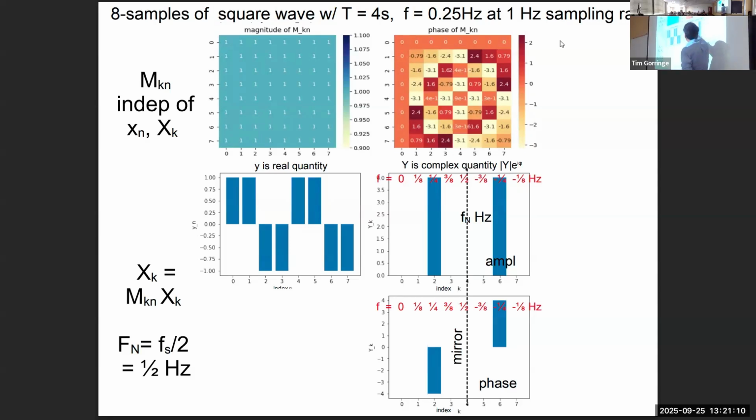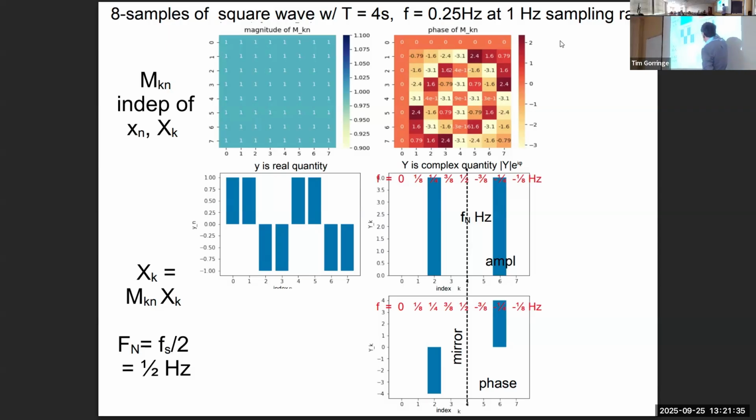Remember, with these 8 samples taken at 1 hertz, the frequencies that we can see are 0 to 0.5 hertz, the Nyquist limit. We see a frequency at 1/4 hertz, which is the frequency of the signal, right? The period here is 4 time intervals, so it's 4 seconds. So that's a frequency of 1/4 hertz.